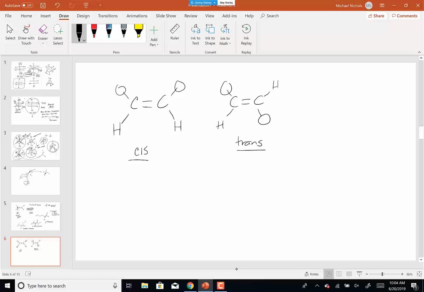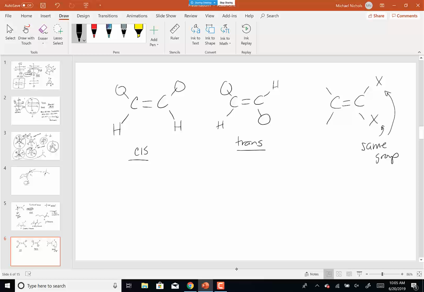Now, if you had the same group attached to a carbon in the double bond, there is no stereoisomer.